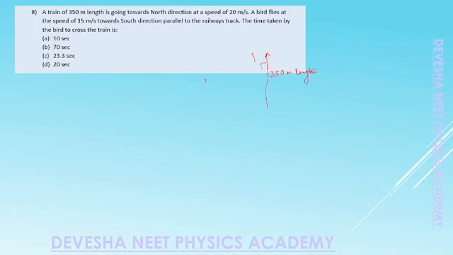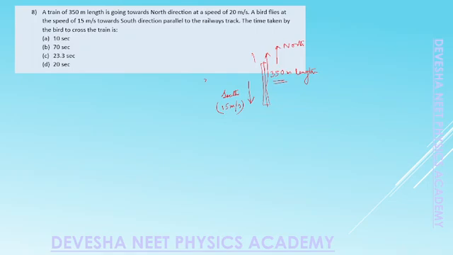So there's a train here, and a bird flies. As we saw, the train is moving towards the north direction, and there's a bird which is moving towards south, at a speed of 15 meters per second.